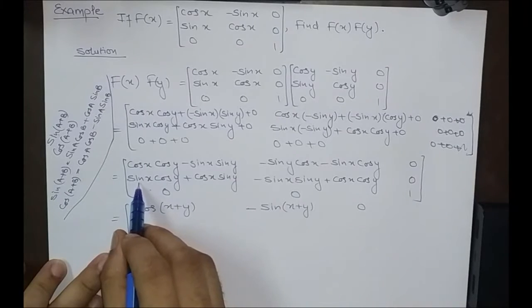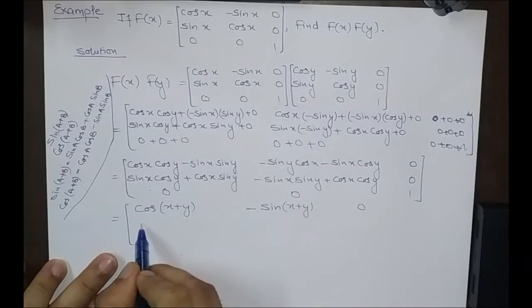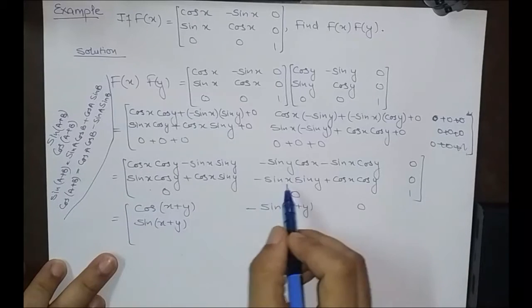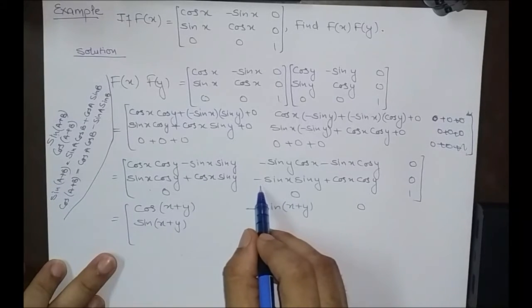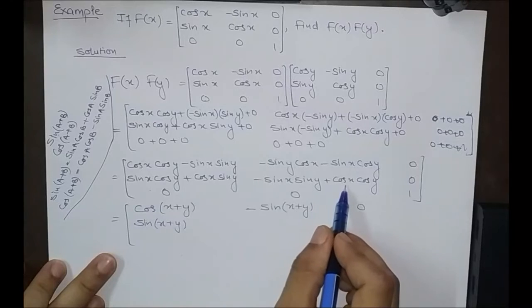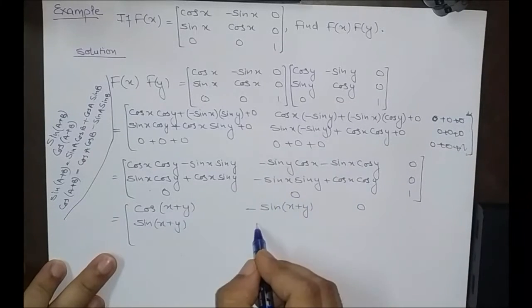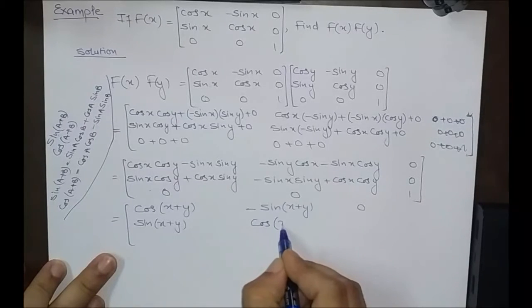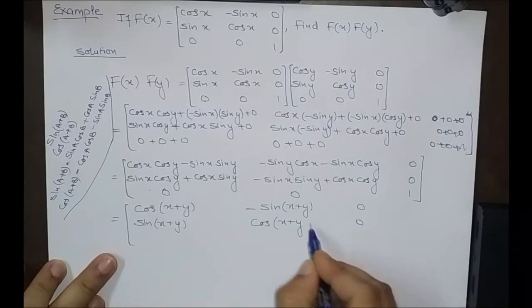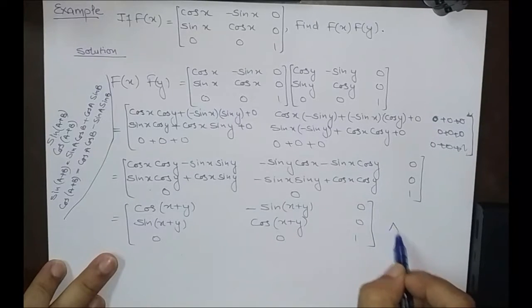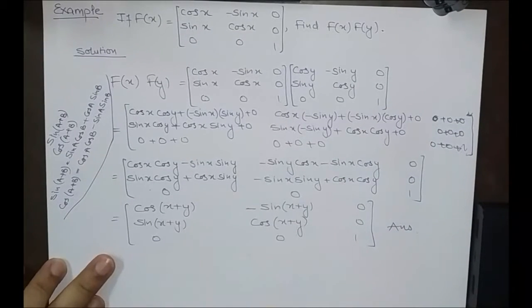Here it is sin x cos y plus cos x sin y, this is sin(x+y), and this is cos x cos y minus sin x sin y. This becomes cos(x+y), 0, 0, 0, 1. So this is the answer.